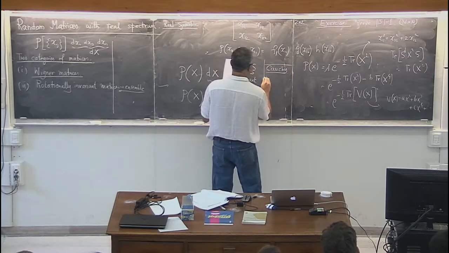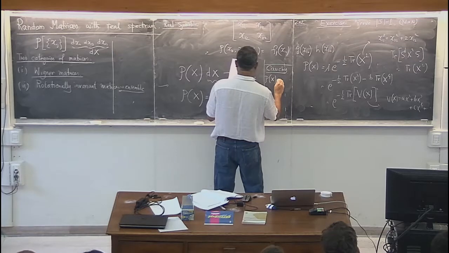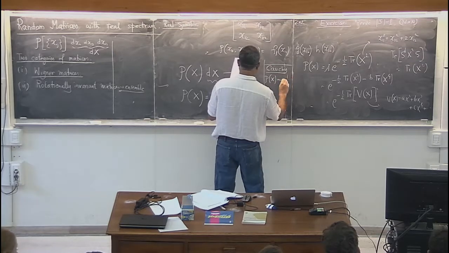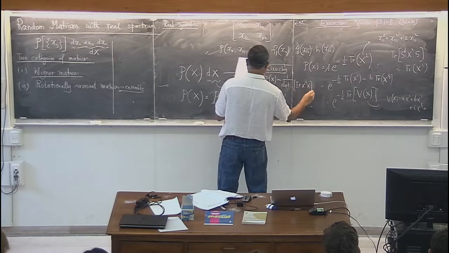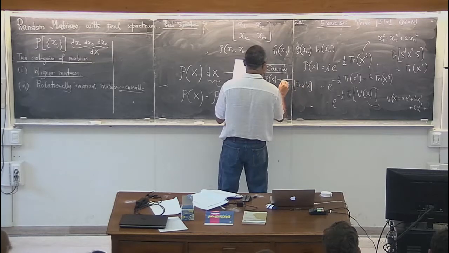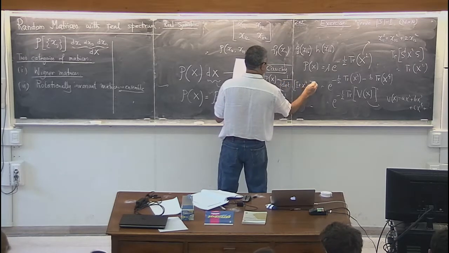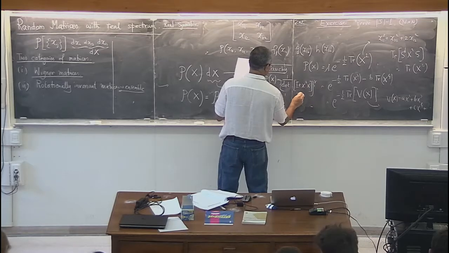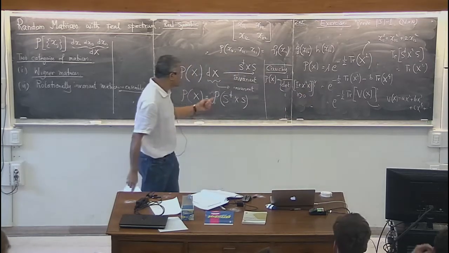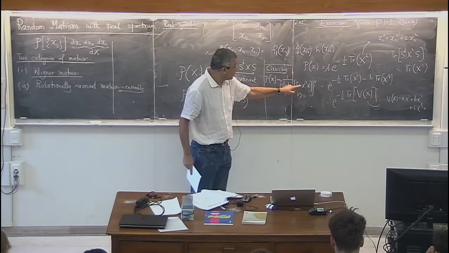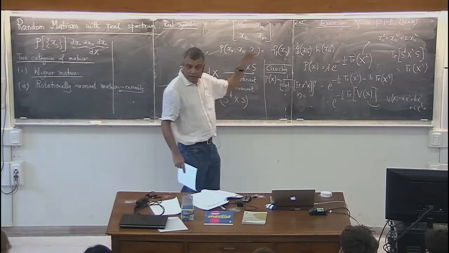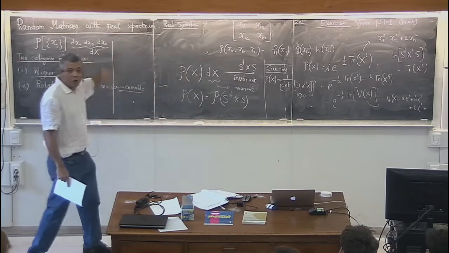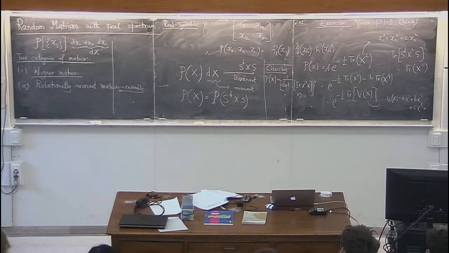For instance, I could choose P of x to be proportional to 1 over determinant of I plus x transpose x to the power some gamma, with gamma positive. So I could choose that also. You see that again, if I make a similarity transformation, this doesn't change. This is like a prefactor, so it's called the Cauchy ensemble. So you can have all possible choices such that the function is invariant under the rotation.